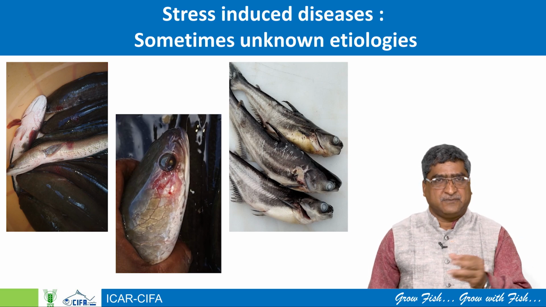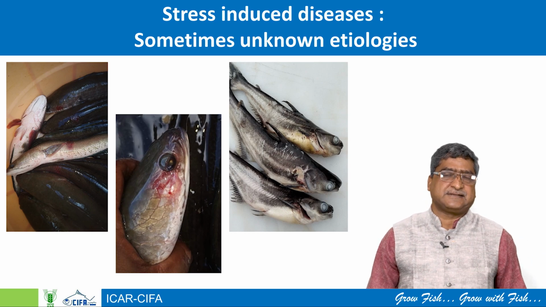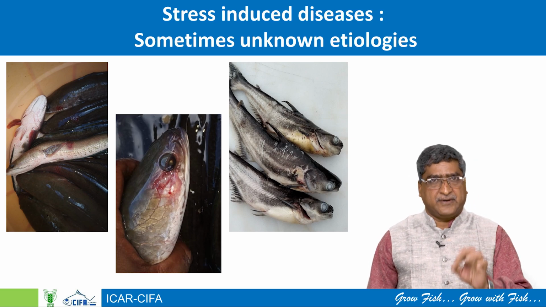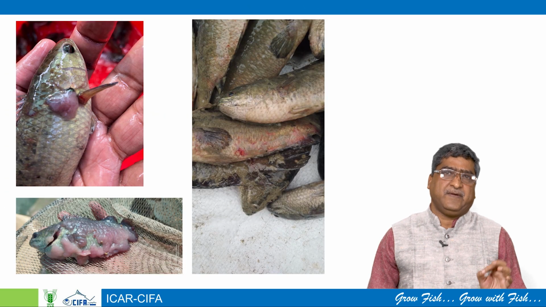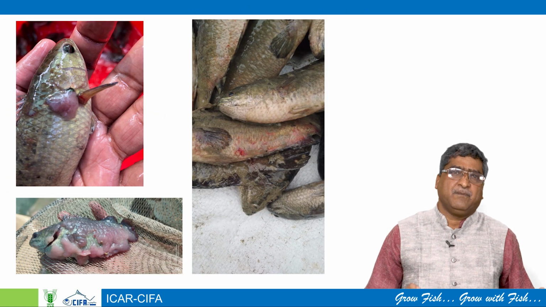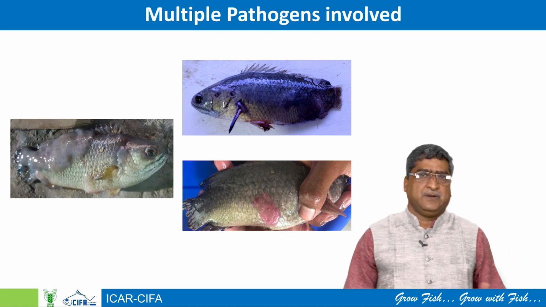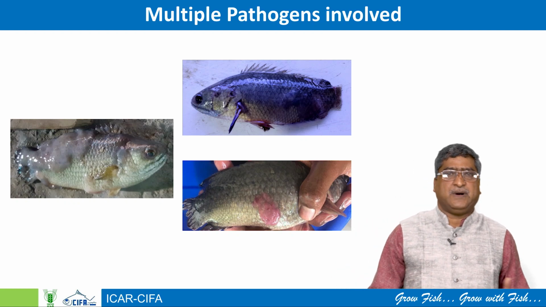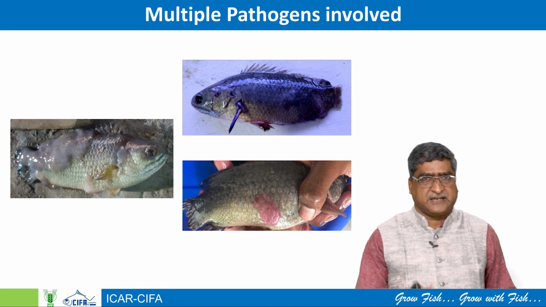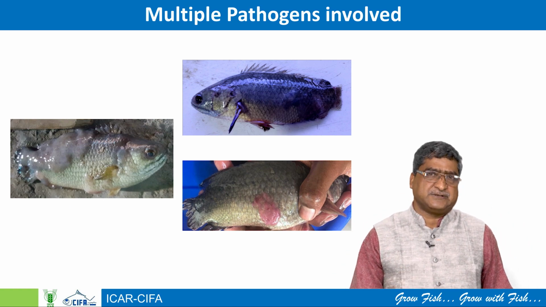So we'll find some small ulcers, some skin lesions. Some animals die for one reason or another, with unidentified pathology, unidentified etiologies. We'll find some viral pustules, some lymphoma-type growth, and subsequently secondary infection with bacteria and also fungi.